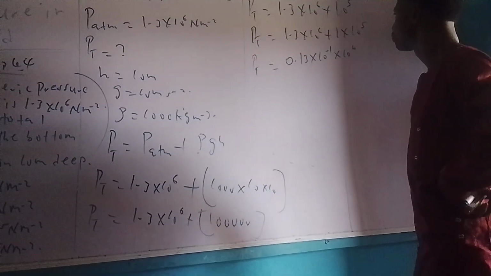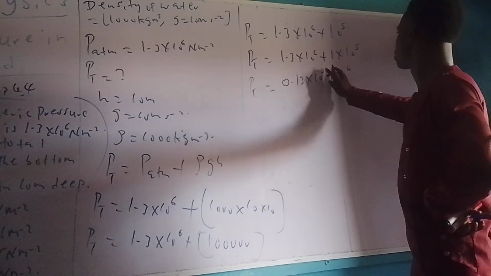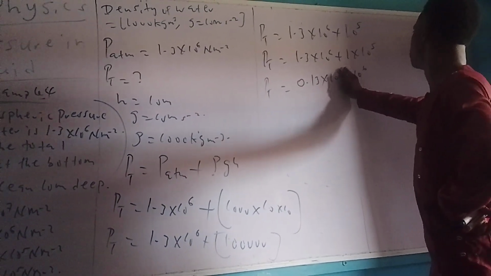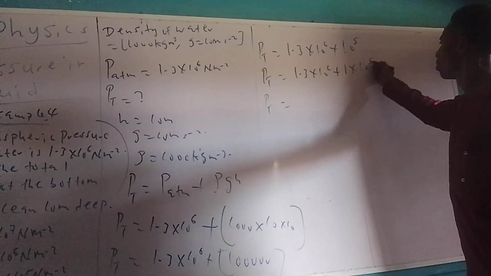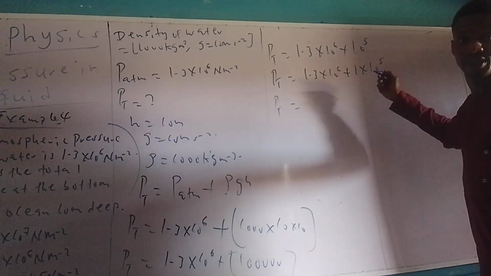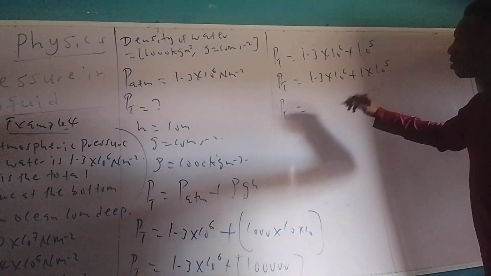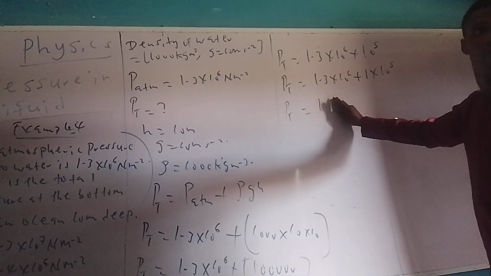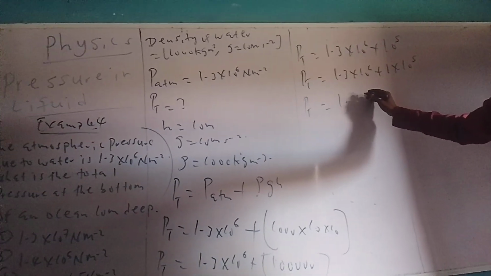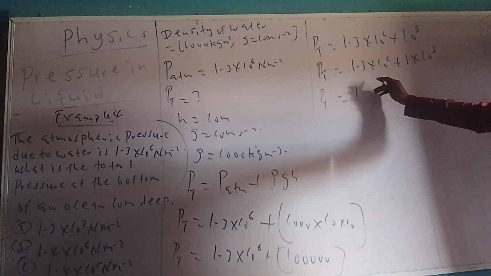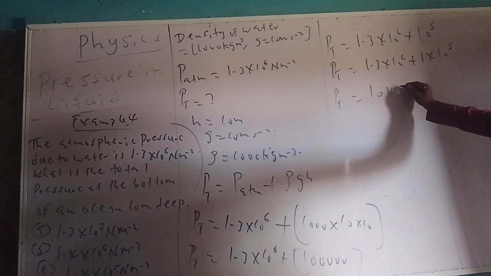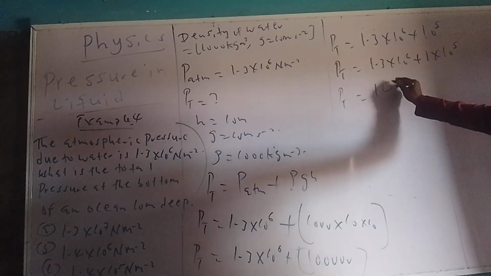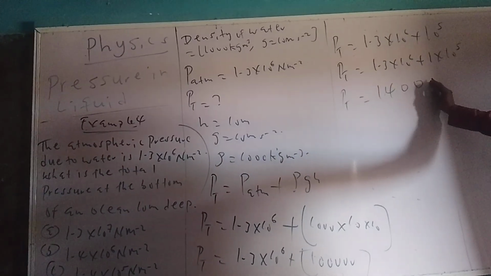Is this correct? This is not correct in this way, so I don't do it this way. Let me change this to 10 to the power 5. What is that? 1.4 million, 1,400,000.